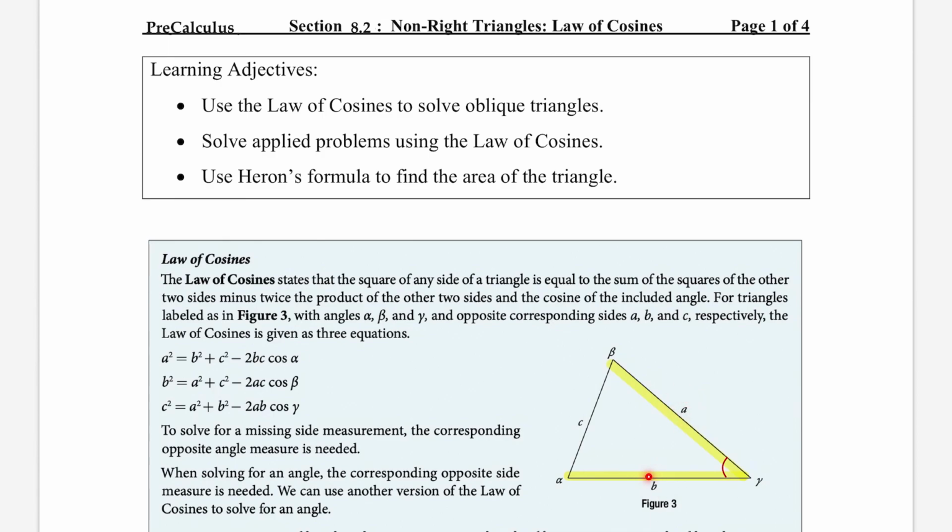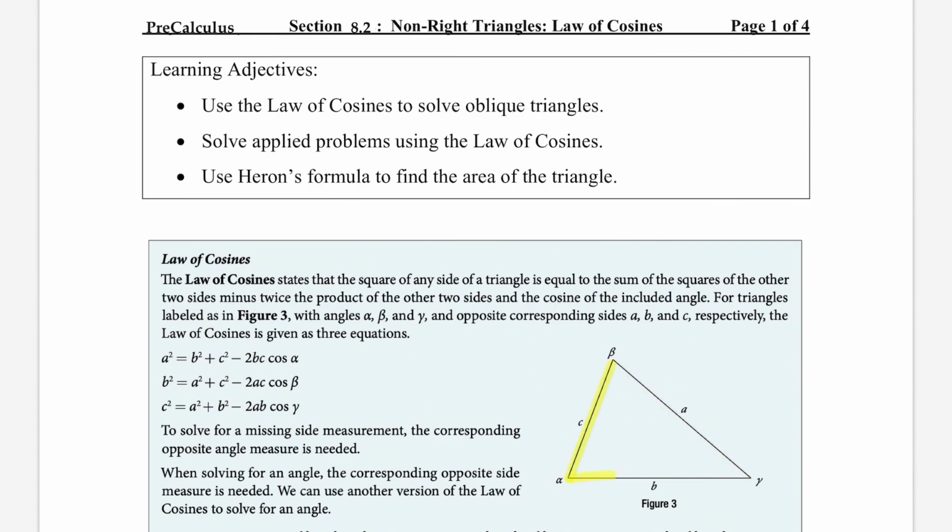Basically, I am given the measurement of A, the measurement of B, and the measurement of gamma. I will use those in order to solve for this side. So C squared equals A squared plus B squared minus 2AB times cosine of gamma. Now, if I have side A, side C, and angle beta, then I will have B squared equals A squared plus C squared minus 2AC times cosine of beta.